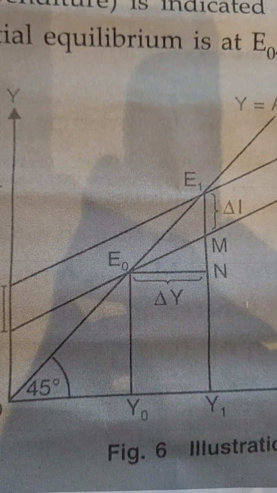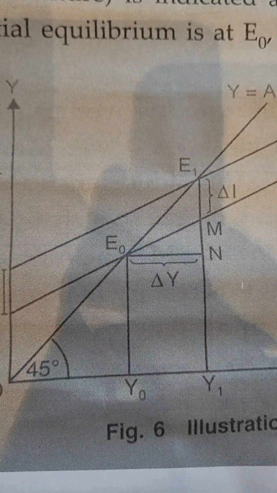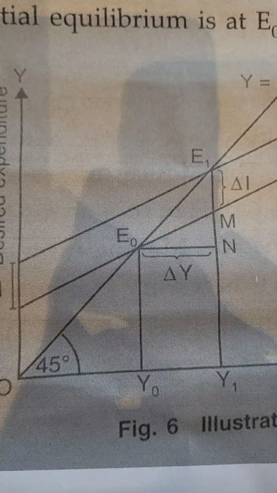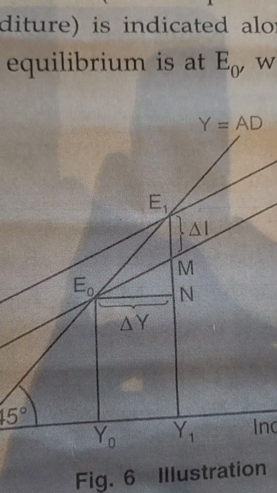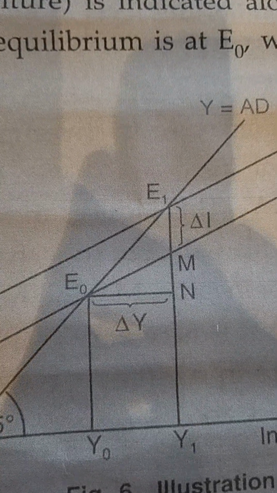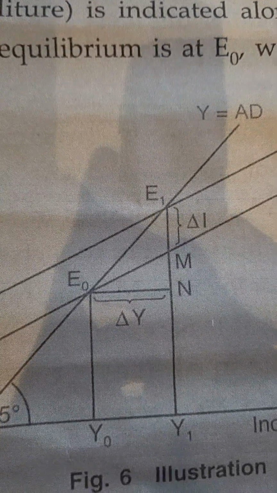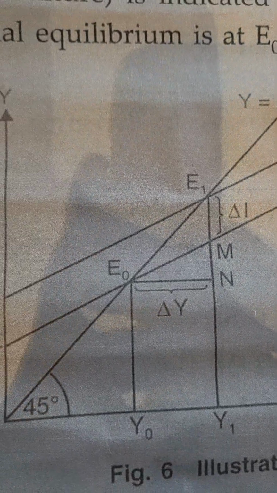Now, as the angle which the aggregate supply curve or income curve makes with the x-axis is 45 degrees, then in the triangle E1, E0, N, the angle E1, E0, N, that is angle E0, is also 45 degrees.